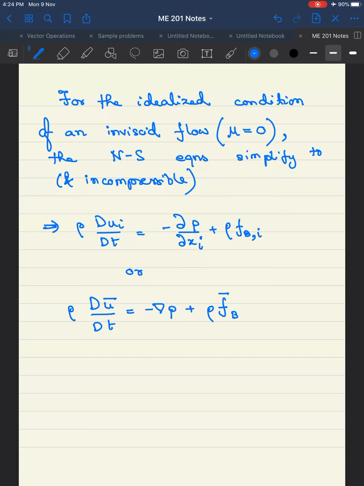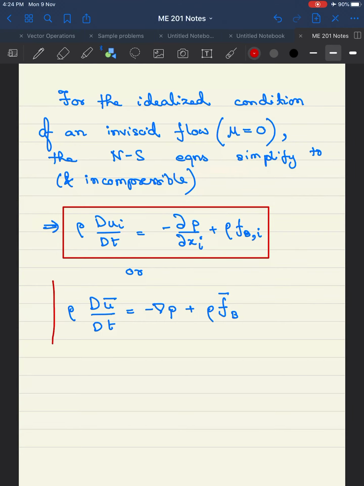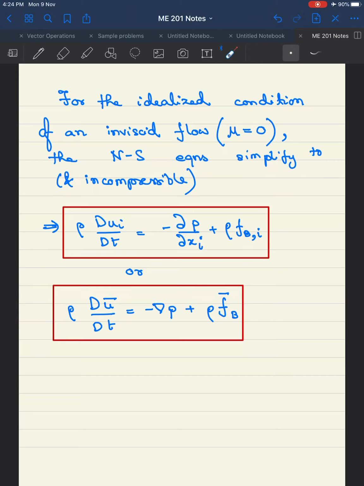okay. So these are very important equations in fluid mechanics also, because there are situations where one can actually neglect the viscosity term and consider a very idealized situation where the viscosity is 0, and this particular equation now is Euler's equation.